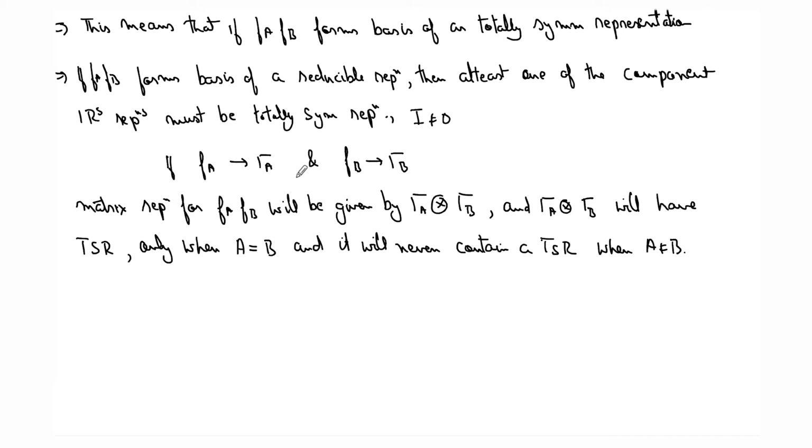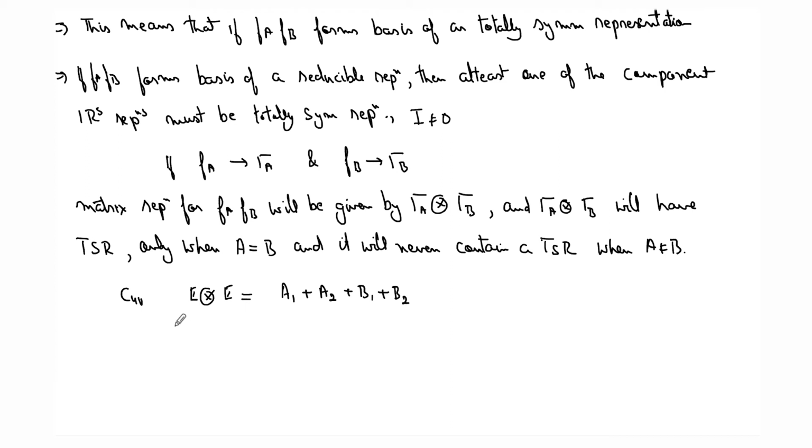Then only the integration will survive, otherwise the integration will go to 0. So for example, in the case of C4V, when we calculated a direct product of E cross E, we saw that it can be reduced to A1 plus A2 plus B1 plus B2.